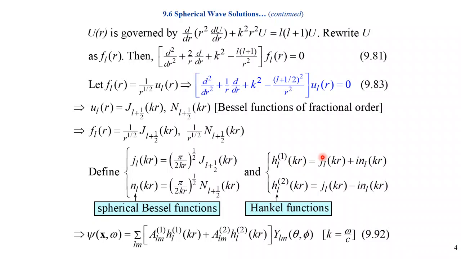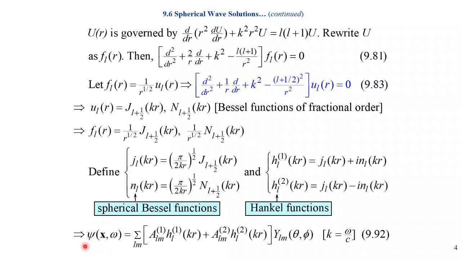Spherical Hankel functions are just a linear combination, which we can write in this form: HL first equals JL plus i NL of KR, and HL second equals JL of KR minus i NL. It looks like sinusoidal: sine plus i cosine, cosine plus or minus i sine. Something very similar, in some sense.